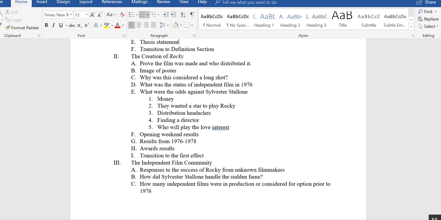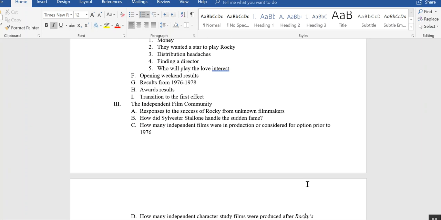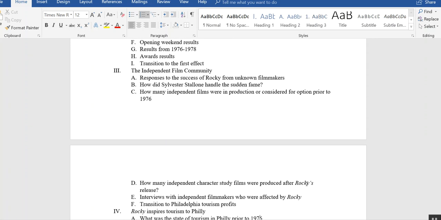And there's no way to deny that film that was released in 1976 continued on for 39 years and is still going on in a number of franchise productions. All right, so then I'm going to transition to the first effect. Now that I've proved that the film was a success, any naysayers would have to prove it. All right, now I'm going to go down and I'm going to start my sections of the effects. And I have to prove that these effects were real.